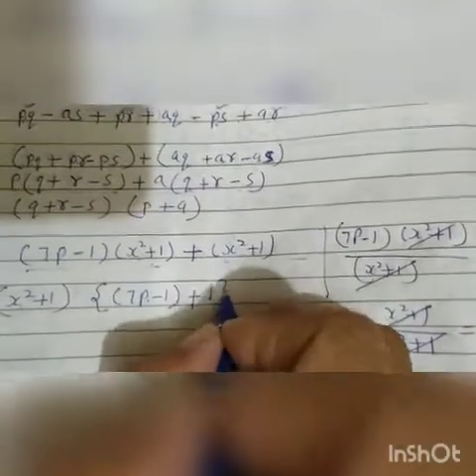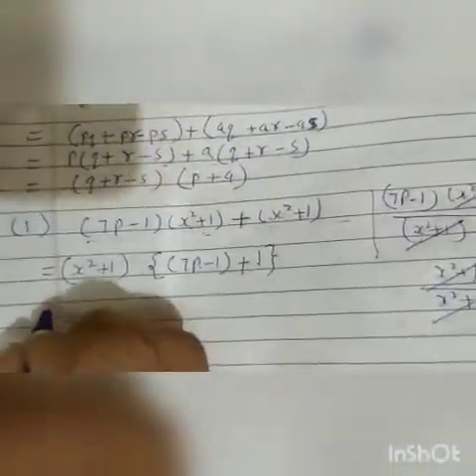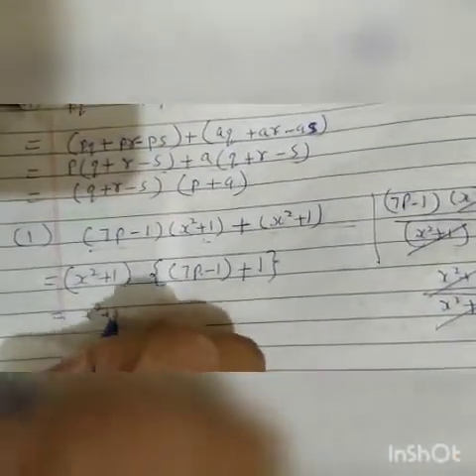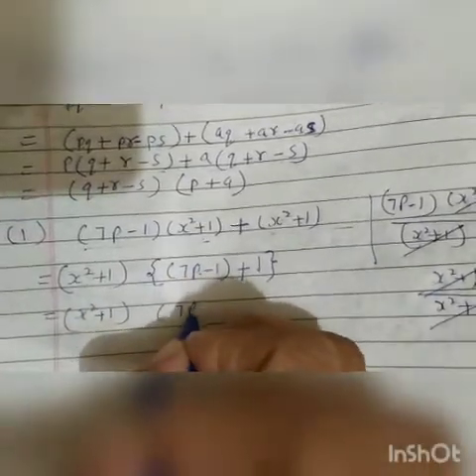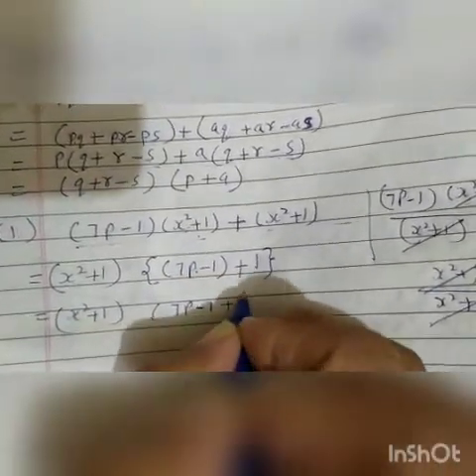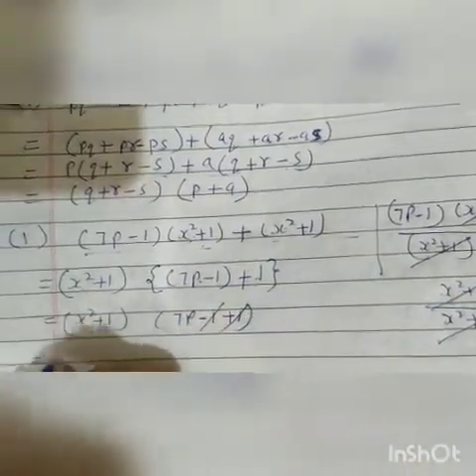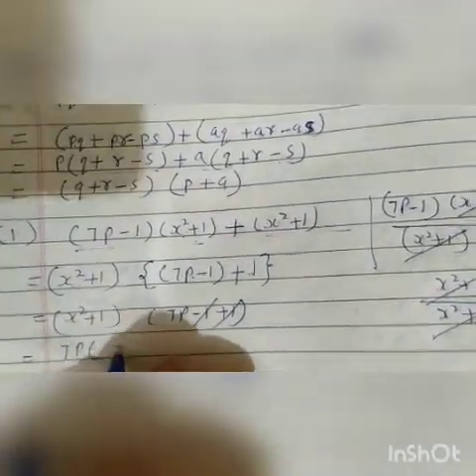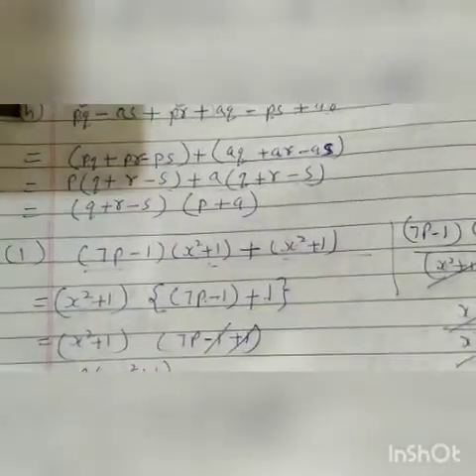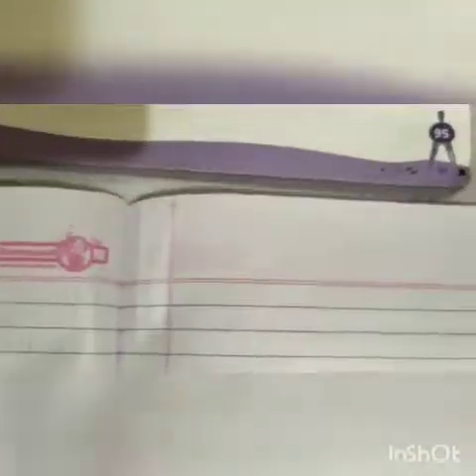So we will write here 1. Now solve it: x² + 1, then 7p minus 1 plus 1. Minus 1 plus 1 are cancelled, 7p is left. So the answer is 7p(x² + 1). Now come to part J.